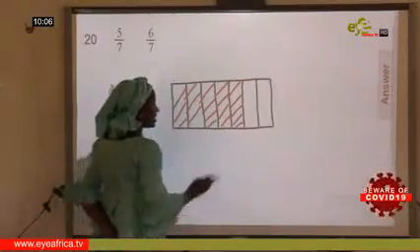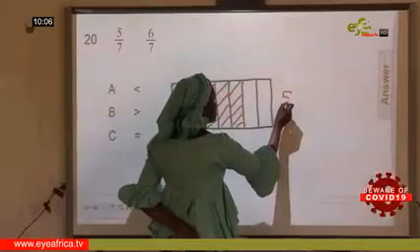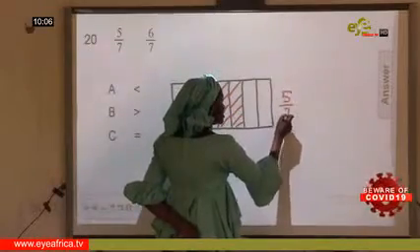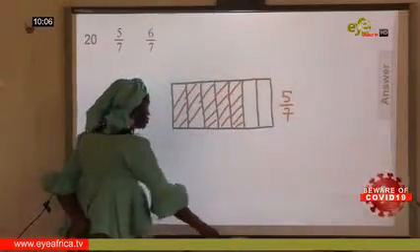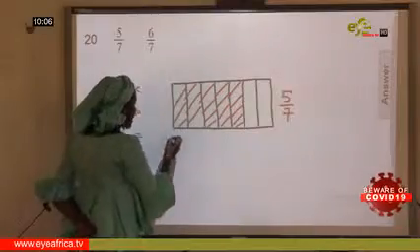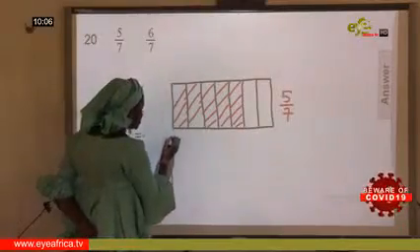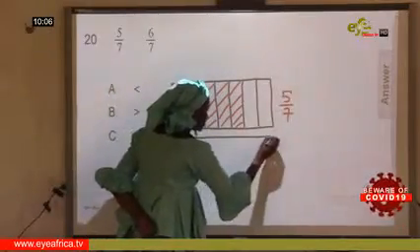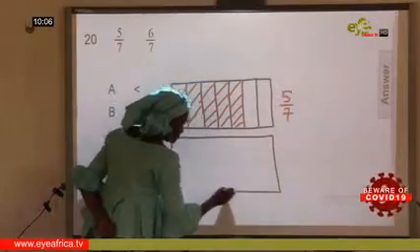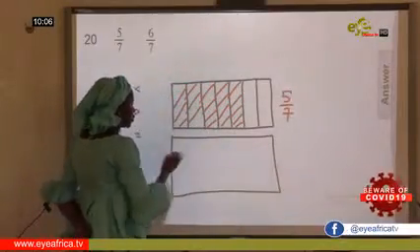This chart represents 5/7, and the same chart with the same dimension. This is a whole.